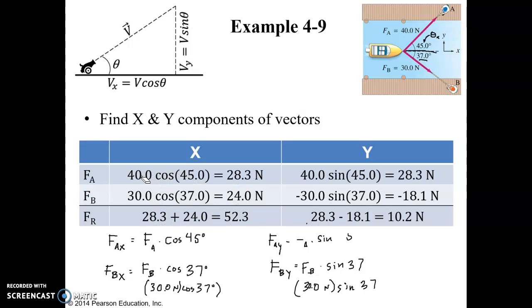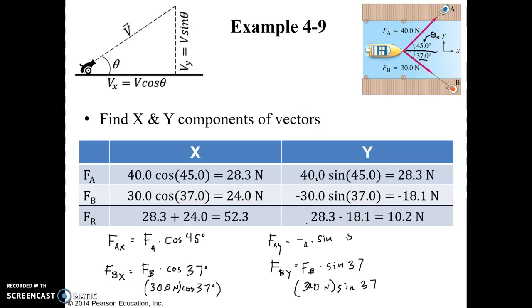So 40 cosine of 45 gives us 28.3 newtons for the x component of force A. 30 cosine of 37 gives us 24 newtons as the x component of force B. And if we add those two together, 28.3 plus 24, our resultant of these two forces is going to have a magnitude of 52.3.